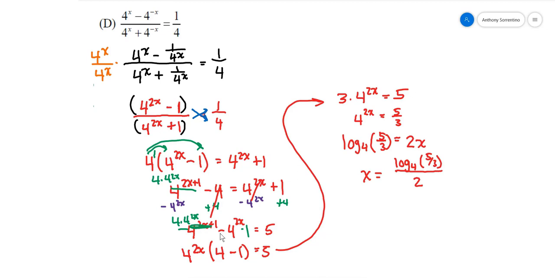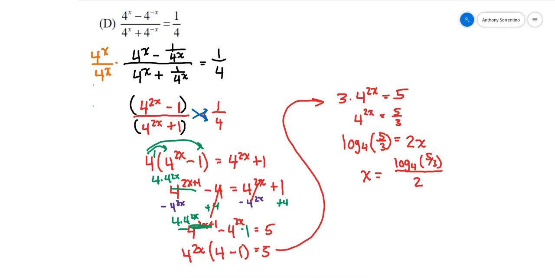That would be a suitable full-blown answer. And again, if you have a calculator, you could do a log base 4 of 5/3. If you took this number and did log base 4 of 5/3 divided by 2 and put that value in for all the x's you saw in the original equation, it would work.